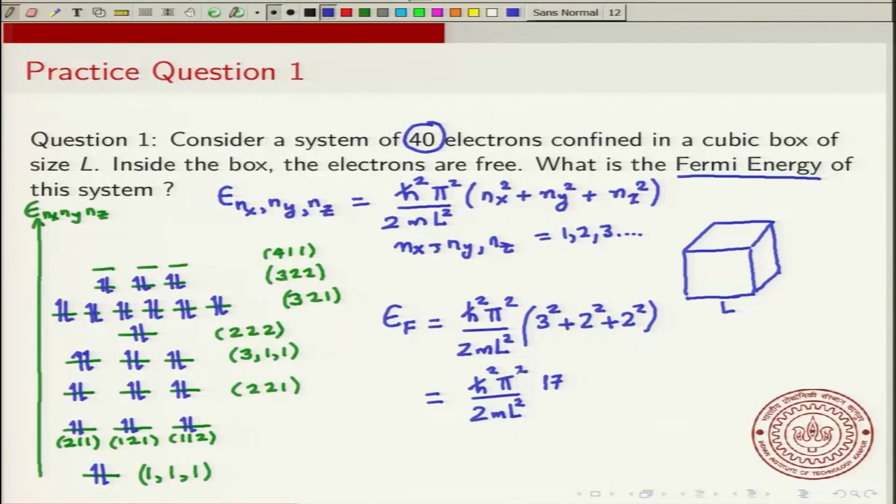We will start filling them up from the lowest energy onwards, and that is how you determine the Fermi level for any given band structure. So, what is important is that for the Fermi level you need to know the number of electrons. So, if you do not know the number of electrons, you cannot determine the Fermi energy. Okay, so that was the first problem, first practice question.